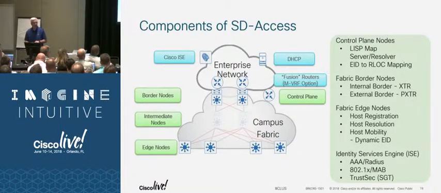If I actually am in another section of the network, maybe a WAN or something, I have a notion of all my well-defined network devices there. I would use a concept of an internal border. So just some of the nomenclature that happens here. But in the end, you end up with these border nodes, and then there's the control plane node.